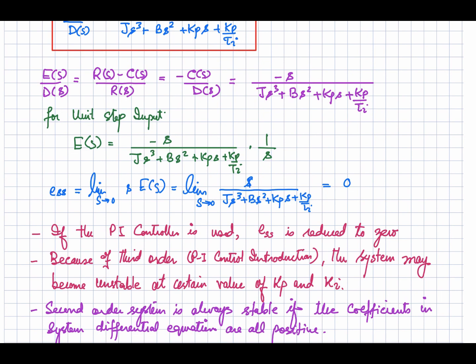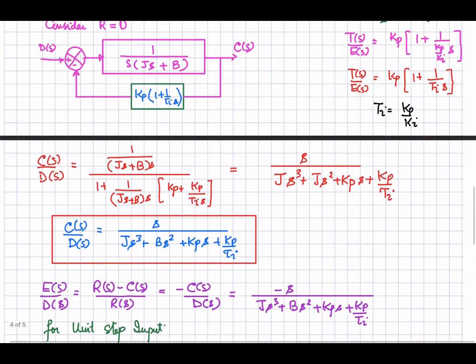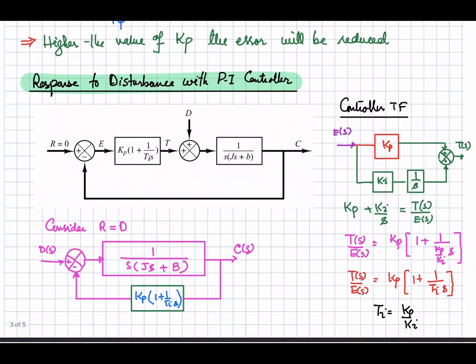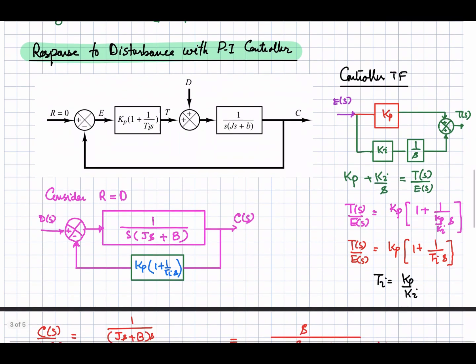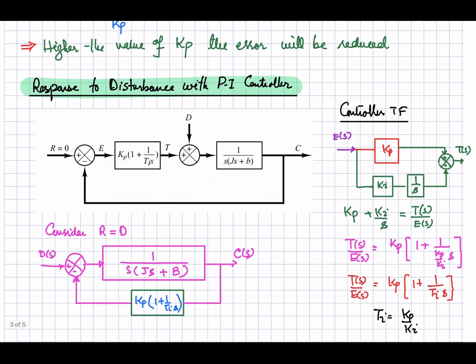Okay, but when we introduce this Kp and Ki, the overall order of the system will be the third one, and because of the third order, for certain values of Kp and Ki, the system may become unstable. But for a second order system, if all the coefficients of the differential equation defining the second order system are positive, then your second order system is always stable.